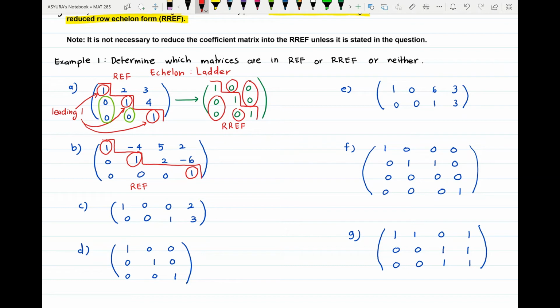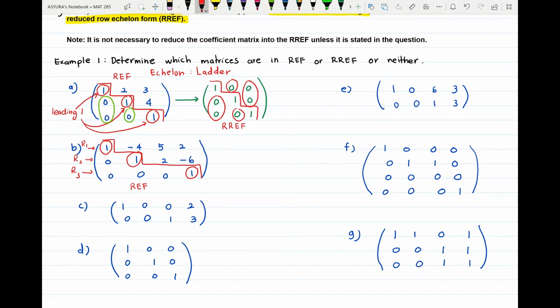Make sure each row consists of one leading one: row 1, row 2 each consist of one leading one. So this is REF. It is not necessary to have a leading one in each column.